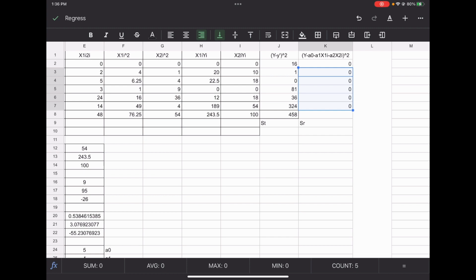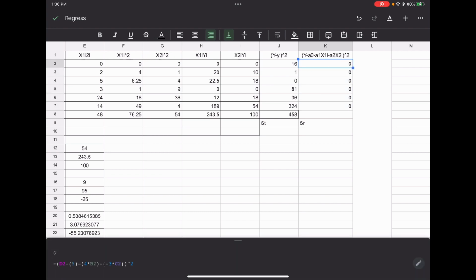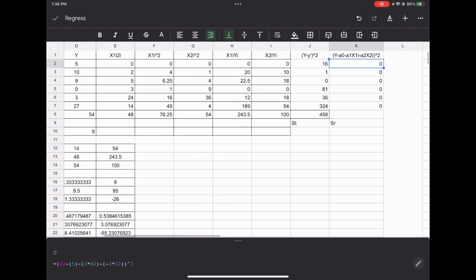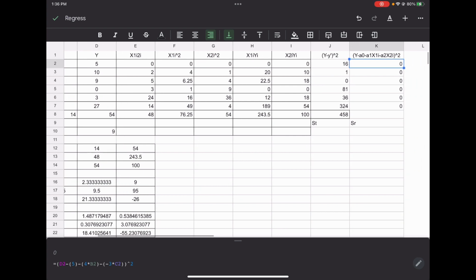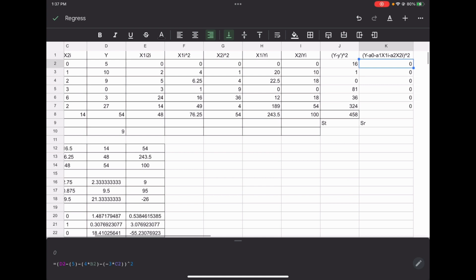I think there's something wrong. So y, can I check it? So y is 5, a sub 0 is 5. So 5 minus 5 is 0.